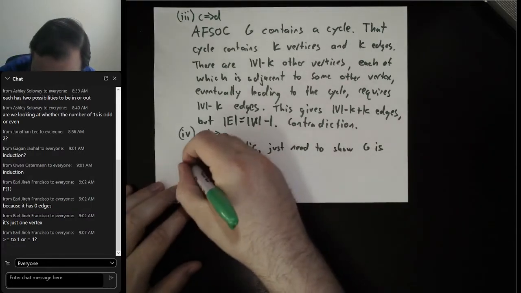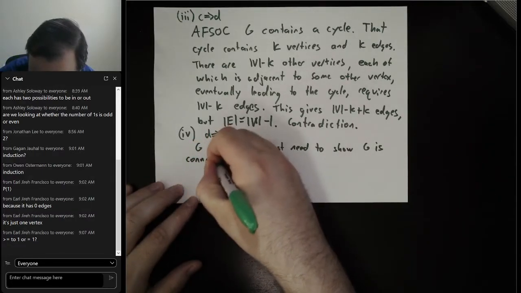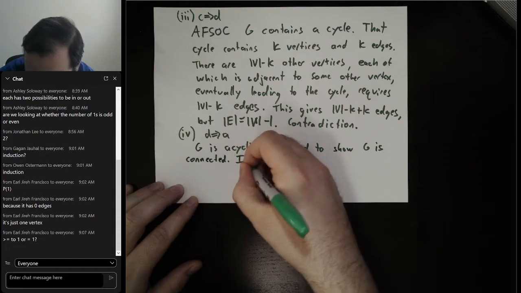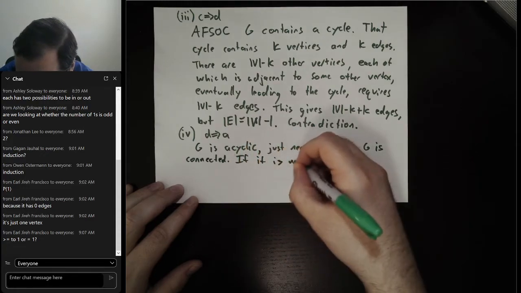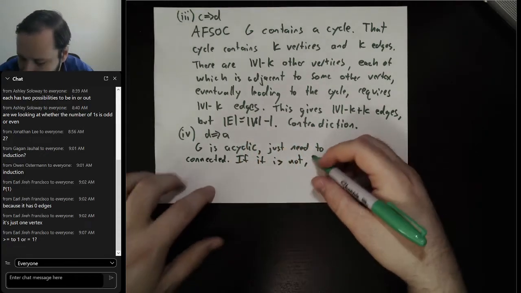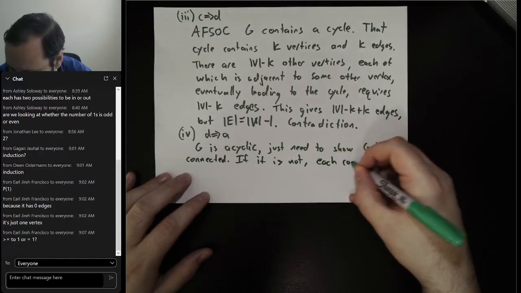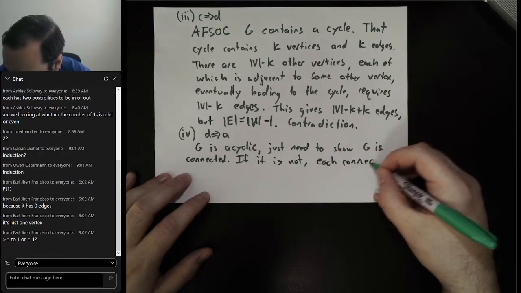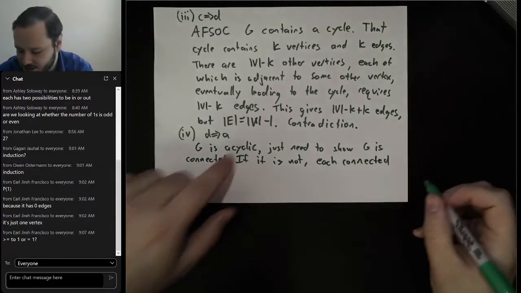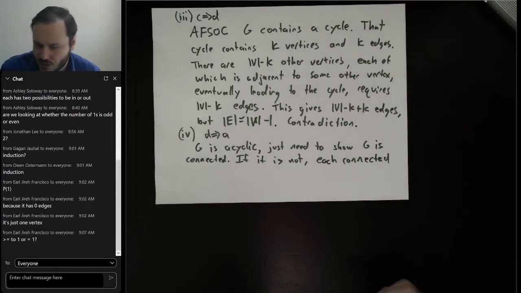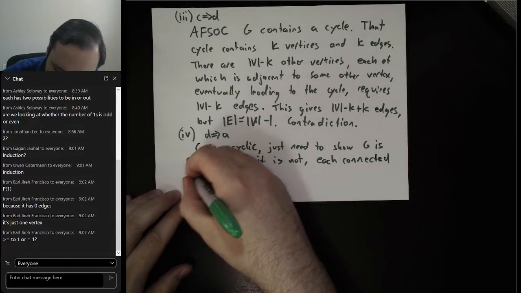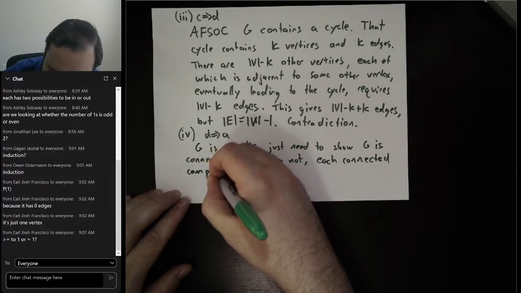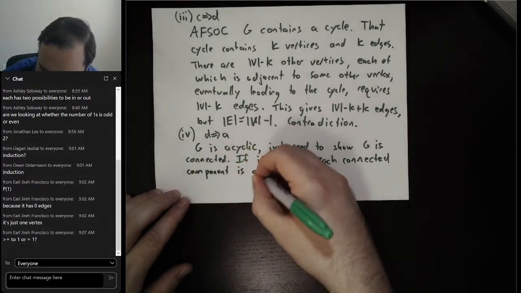If it's not, each connected component of G is a tree, right? If G is acyclic but not connected, then it's a forest. So each connected component is a tree.